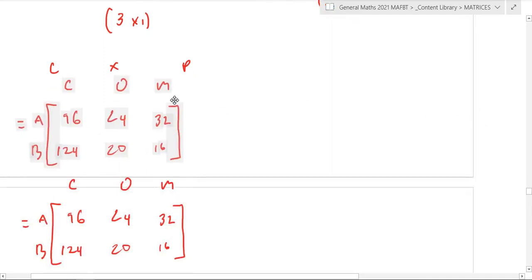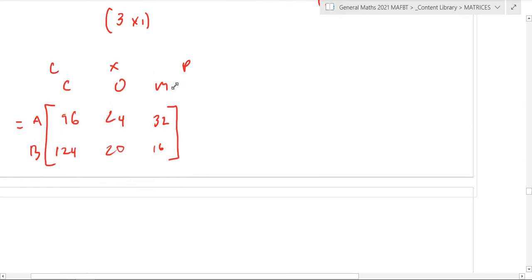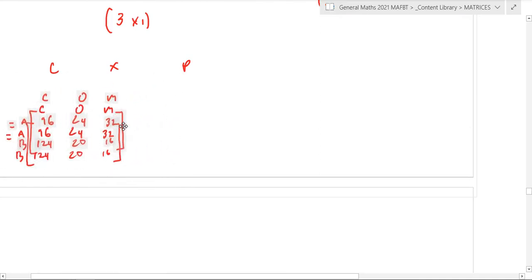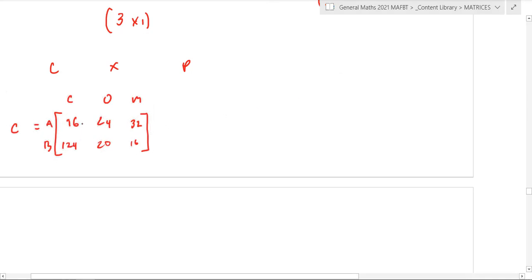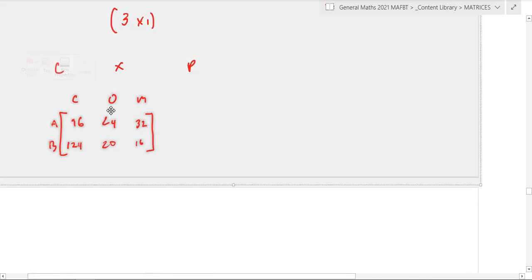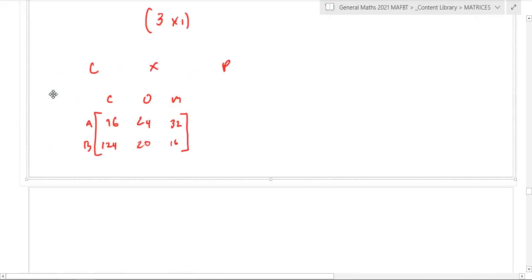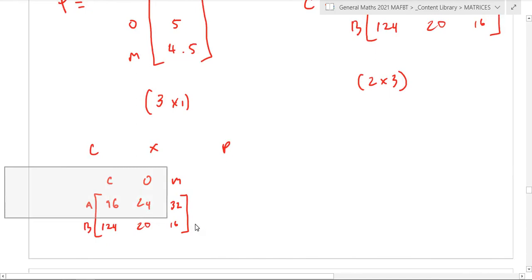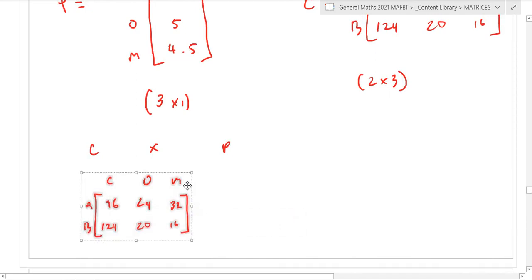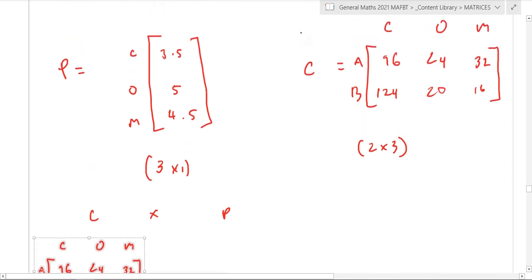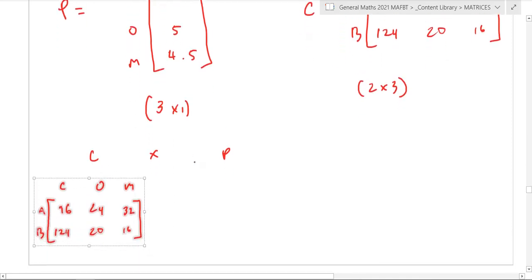We want to use this matrix, and you want to multiply it with P. Remember I've flipped them around so that you can actually multiply them. I'll put this here, and P matrix, I'll just write it: 3.5, 5, 4.5.